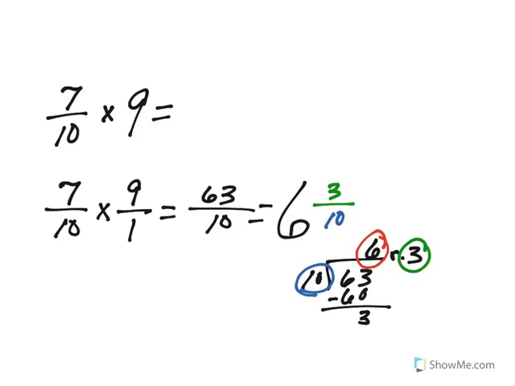I also happen to know that the factors of 3 are 1 and 3, and that 10 is not divisible by 3. So for 3 tenths, my greatest common factor is 1, and therefore I know that 3 tenths is in simplest form. So my final answer here is going to be 6 and 3 tenths.